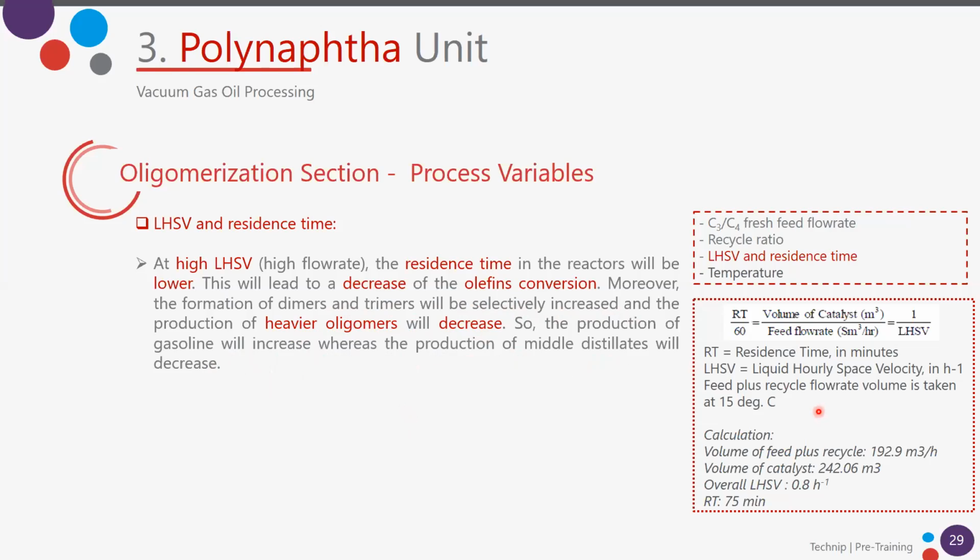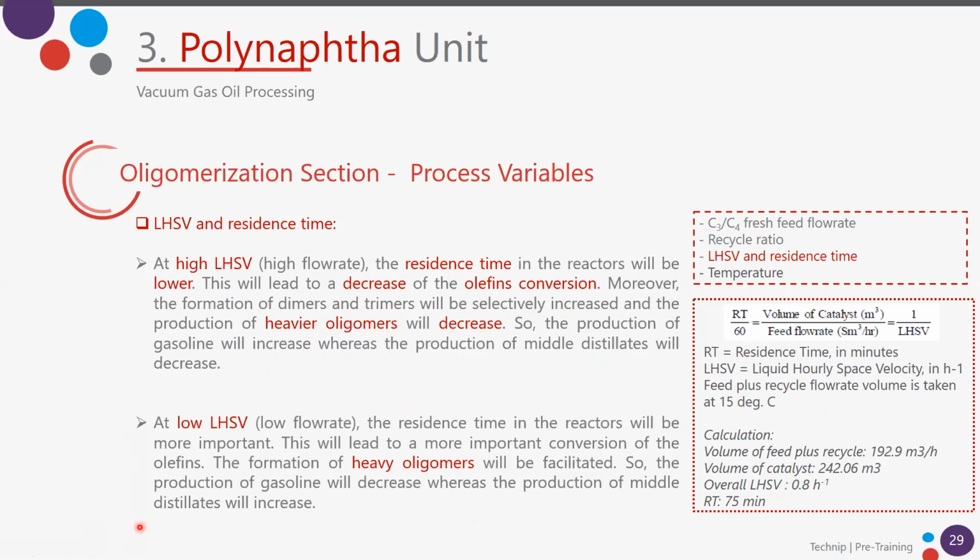I have also put here the calculation of the residence time. If we have a low liquid hourly space velocity, it means that we have a low flow rate. The residence time in the reactor will be greater.